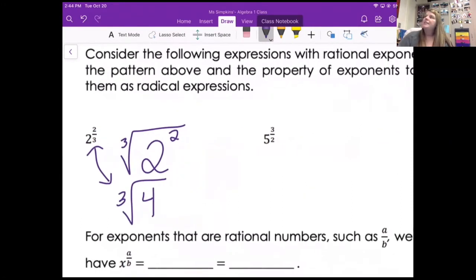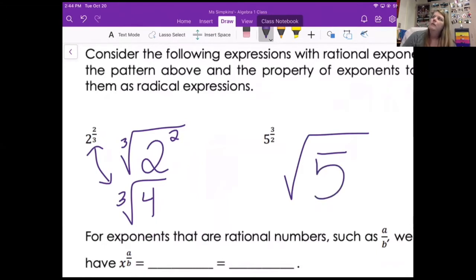So let's look at the second one. 5 to the 3/2. So we want to draw our radical. We want to put our base, our big number, inside the radical, 5. What root are we taking? 2. Is it necessary to write the 2? No, not really. Because if there's no index or no little number, we assume that that number is a 2.